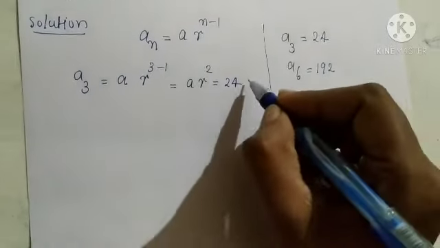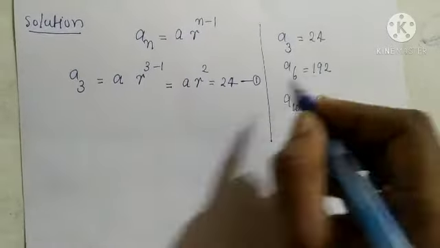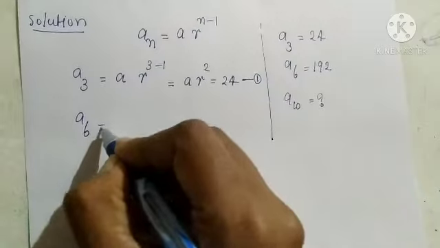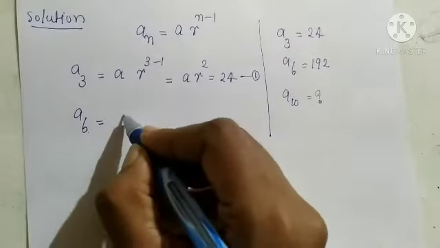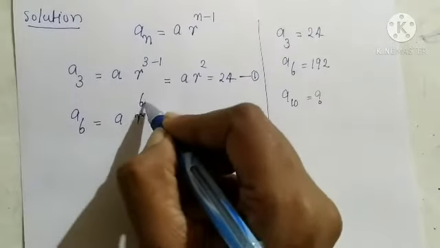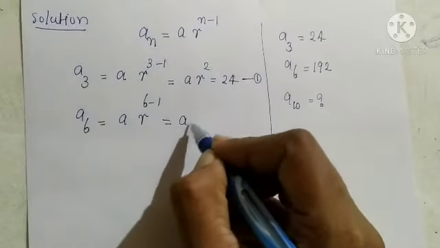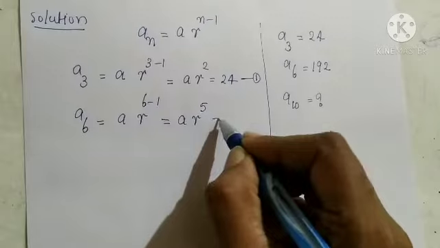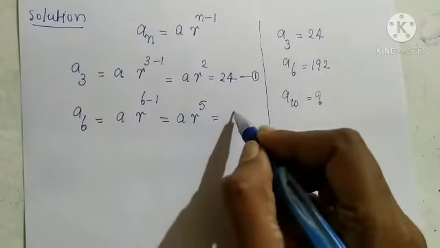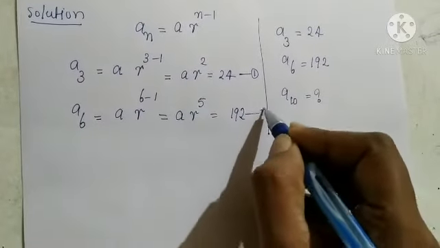Let's name it as equation number 1. a6 equal to, replacing this n by 6, we get a r raised to 6 minus 1, that is equal to a r raised to 5, and also given that it is 192, so let's name it as equation number 2.